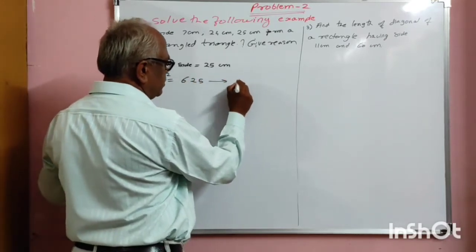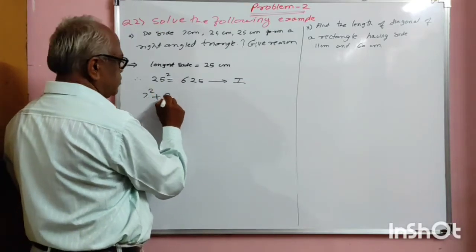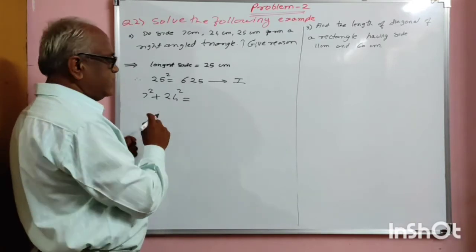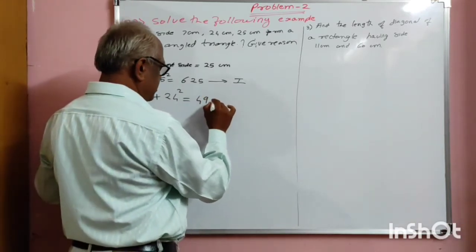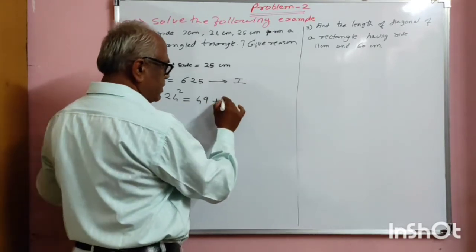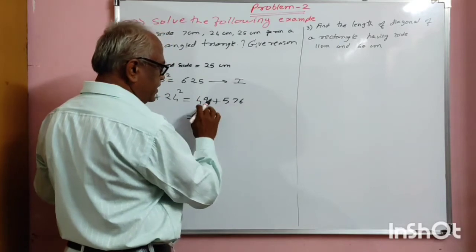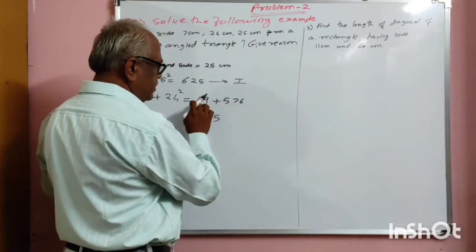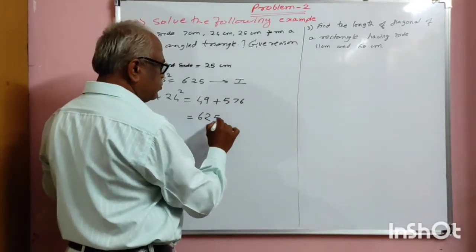This is equation number 1. Now 7 square plus 24 square, that is the remaining two sides of the right angle triangle. Now here 7 square is 49 plus 24 square is 576, which is equal to, if you add this, 625.